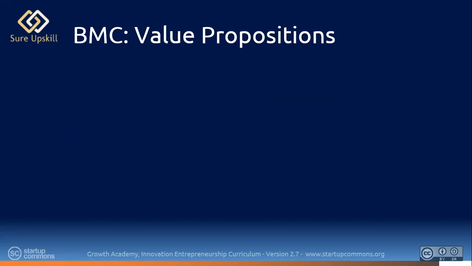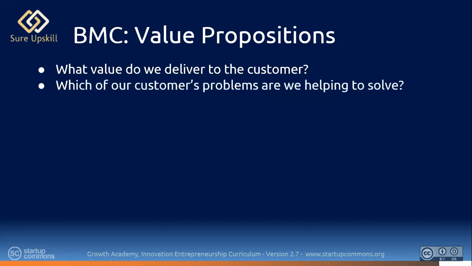So let us look at the BMC value propositions. What value do we deliver to the customer? Which of our customers' problems are we helping to solve? Here, as in the last, we are asking questions. We ask questions and then find answers. Okay? So we are probing.